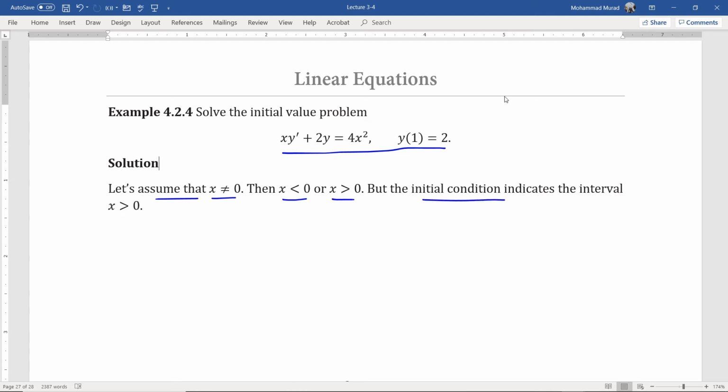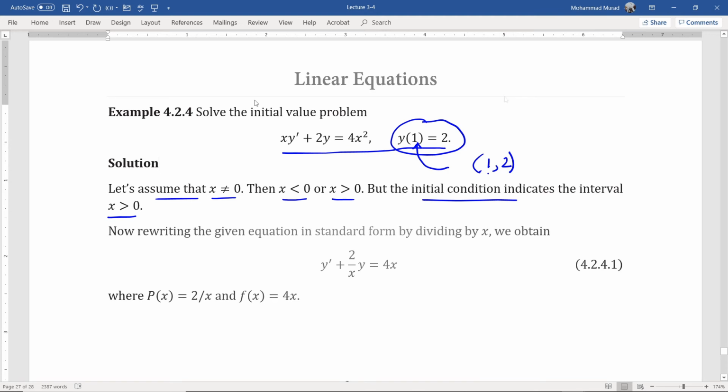But the initial condition here indicates that the interval has to be x larger than 0, since the initial point has coordinates 1, 2. X is here positive.